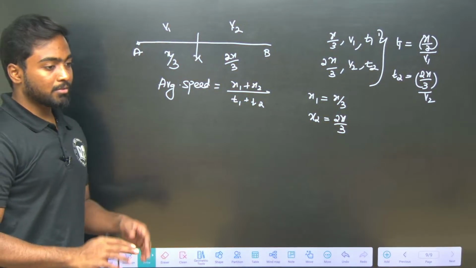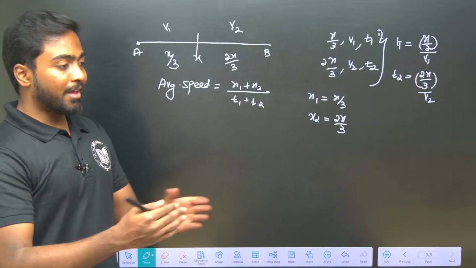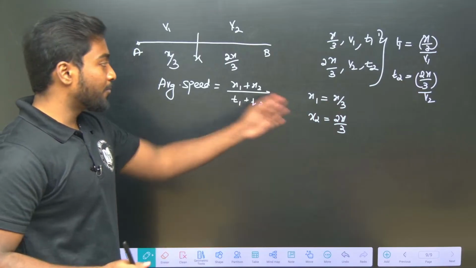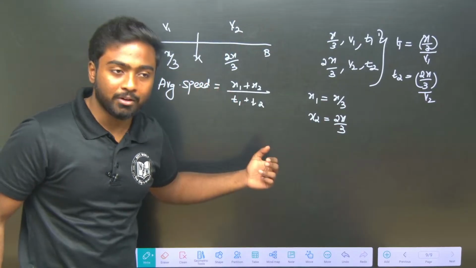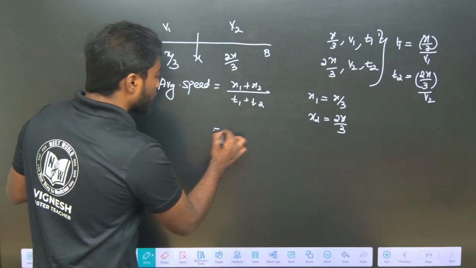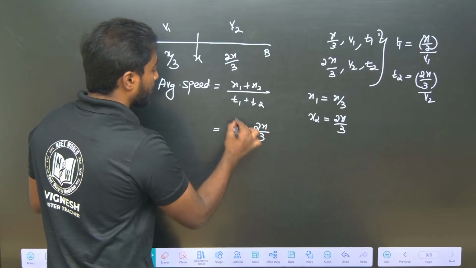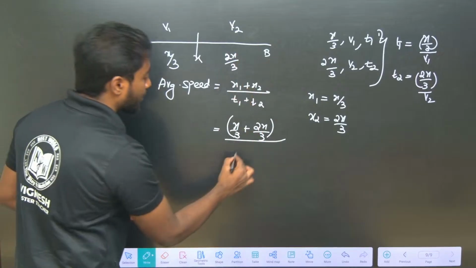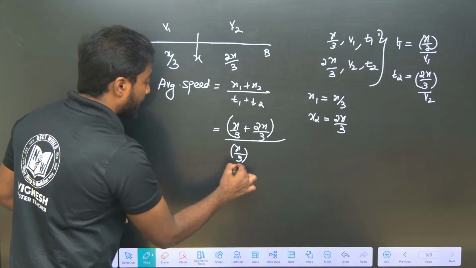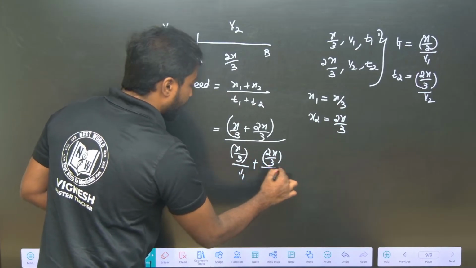So it's not a similar type. Here I can take x commonly, but in the previous case I took x by 3 commonly outside, so here we need to do it carefully. x by 3 plus 2x by 3, divided by T1, x by 3 by V1 plus 2x by 3 by V2.